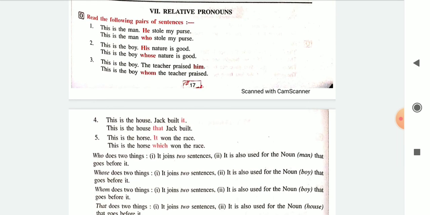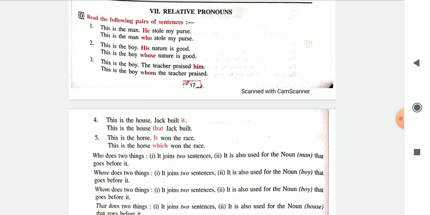Now we have the relative pronoun. A relative pronoun is where the pronoun helps you to join two sentences. See, we have an example here. He is the man. He stole my purse. So this is the man who stole my purse. That is called a relative pronoun.